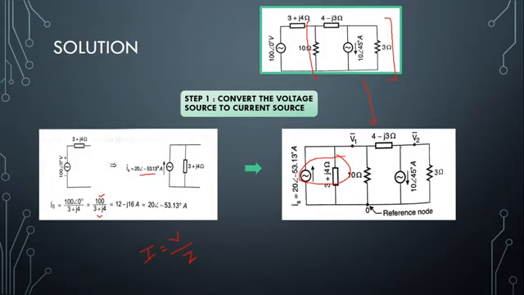Similarly here, the 4 minus j3 ohm and this 3 ohm, these two elements meet together, so this we have named V2. So in this circuit I can identify two nodes, V1 and V2, and we have one reference node which is defined here.